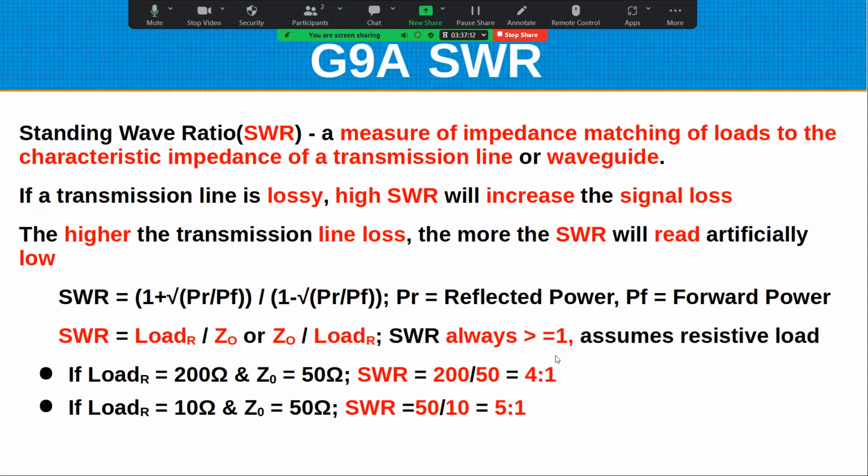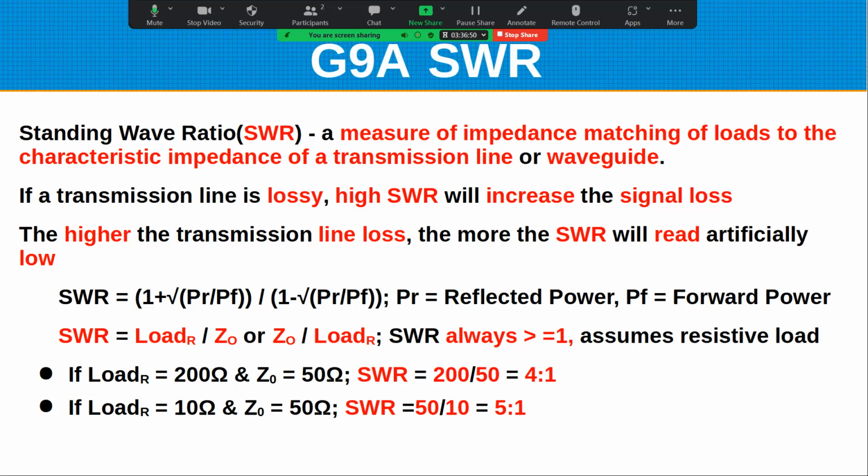Standing wave ratio is a measure of the impedance matching of the load to the characteristic impedance of the transmission line. This assumes that your transmission line and transmitter are both the same impedance, which usually they are.